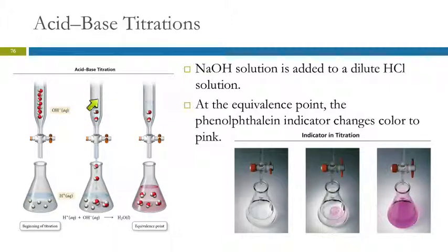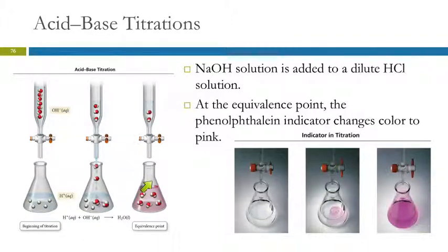So we're going to add some of this sodium hydroxide, and as these hydroxide ions come in here, they're going to meet up with those hydrogen ions and they're going to form water molecules. So this solution was acidic to start with, but as we add more and more base, it becomes less and less acidic. There are fewer hydrogen ions floating around.